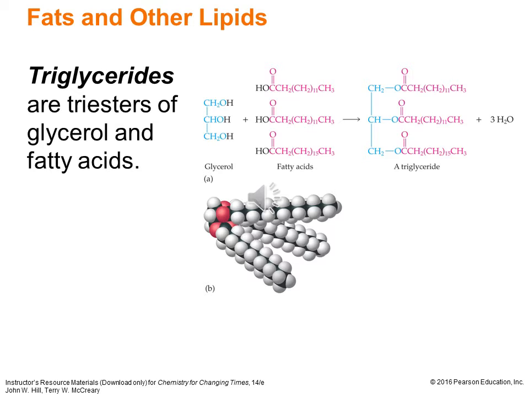We see here in B a space-filling model of a triglyceride where all of the fatty acid ends are together to the right of the molecule and all of the polar head groups are together on the left.